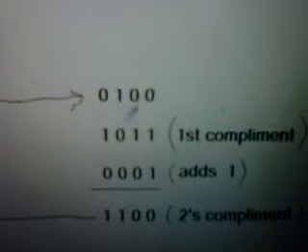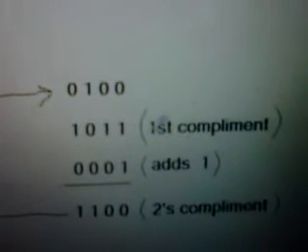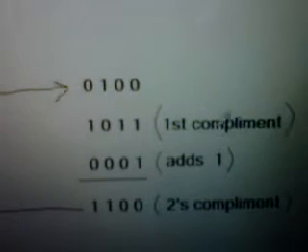Okay, first complement. So in other words, it'll take all the zeros and change them to 1, and it'll take all the 1s and change them to 0, as you can see here. That 0 turns into a 1, and that 1 into a 0, that 0 into a 1, and that 0 into a 1. That's called the first complement.